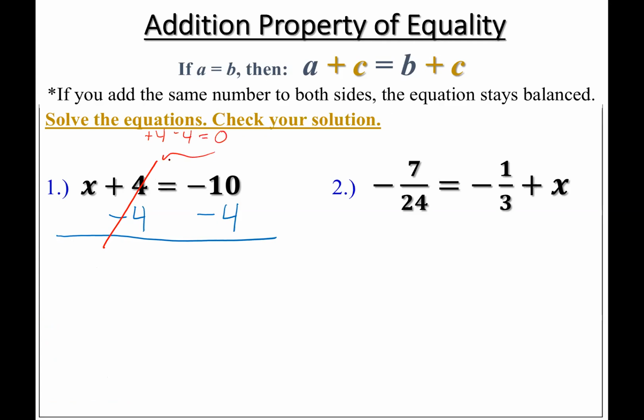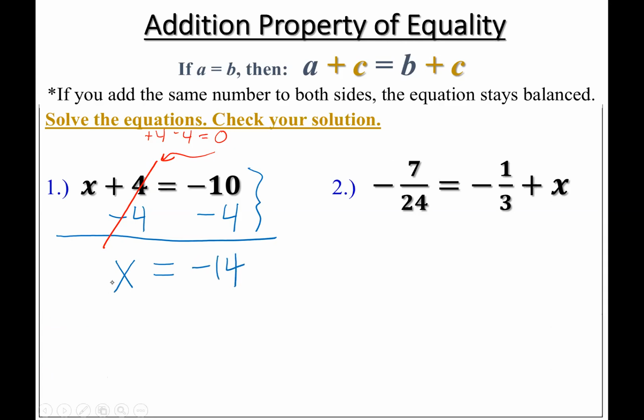That's why you're going to see some things being crossed out when we show our work here. So since those terms canceled out, all that's left now is x. So now we have x by itself on the left side equals, now coming over to the right side, we're going to combine the numbers that are there, negative 10 minus 4, and that is negative 14.